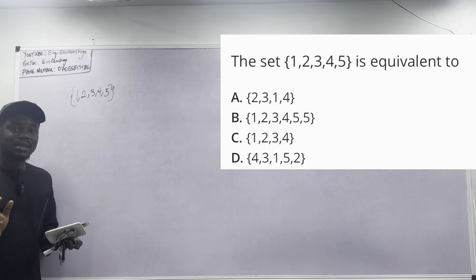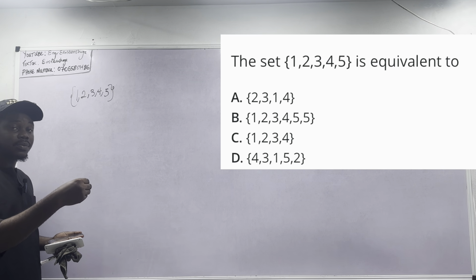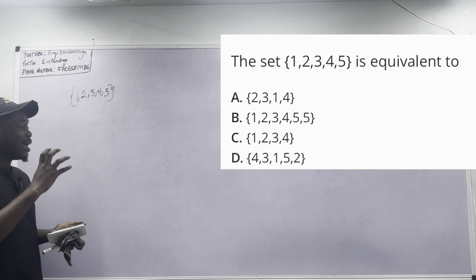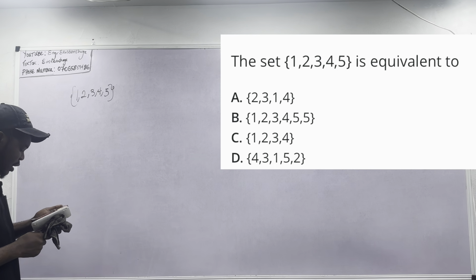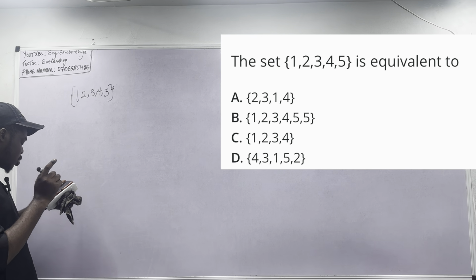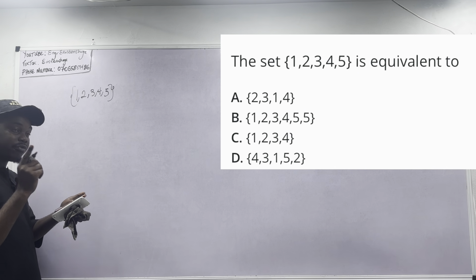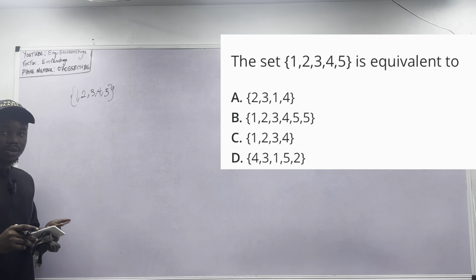An equivalent set is a set that contains every element in the other set, either in the given order or in another manner. Just that the elements in both sets must be the same. So in the options given, you can see that option D has 4, 3, 1, 5, and 2. So the answer to question 2 is option D.